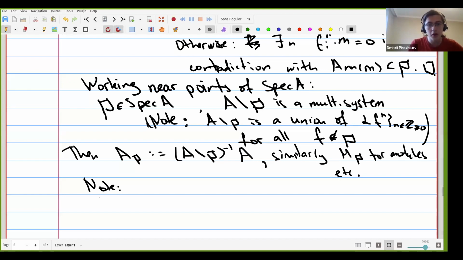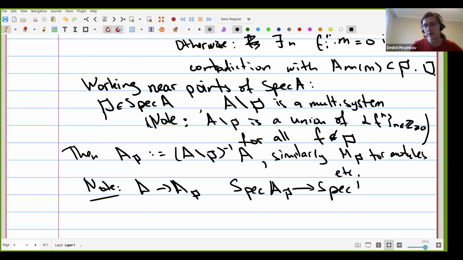Note, we always have a map from A to the localization, and one can check that any map of rings defines a map of spectra in the other direction by taking a prime ideal of the codomain and taking its pre-image. So this map always exists.